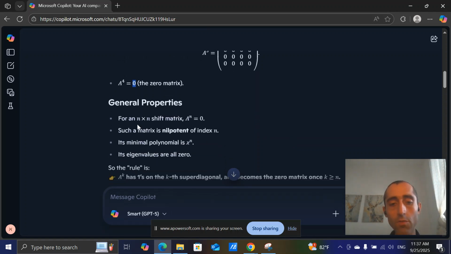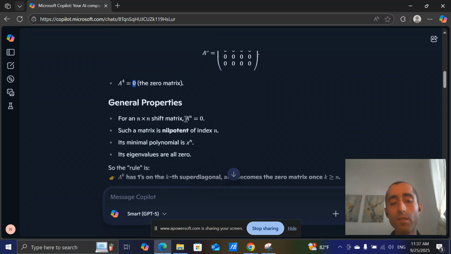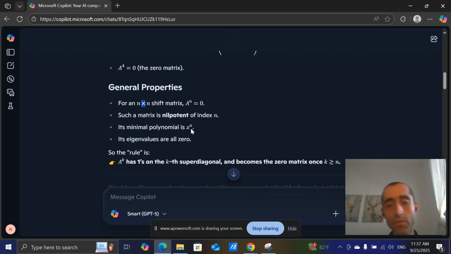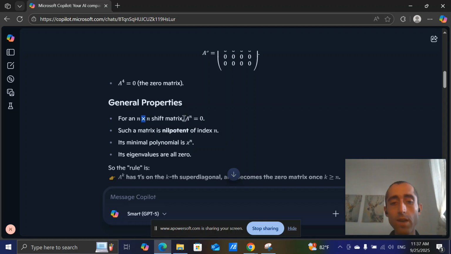So there is a general rule for an n by n shift matrix. If you take this matrix to the power of its order, namely to the power of n, we get a zero matrix. And this is the smallest index that annihilates the matrix for this type of shift matrix, so this is the nilpotent index by definition.